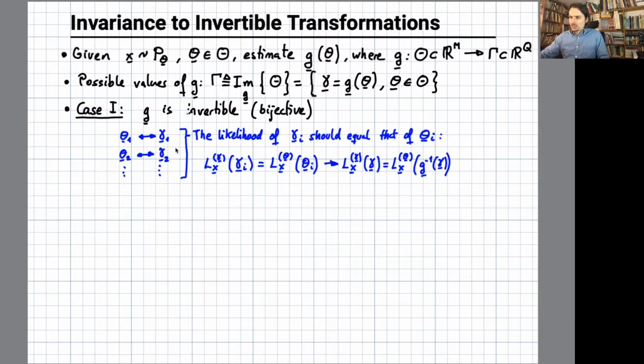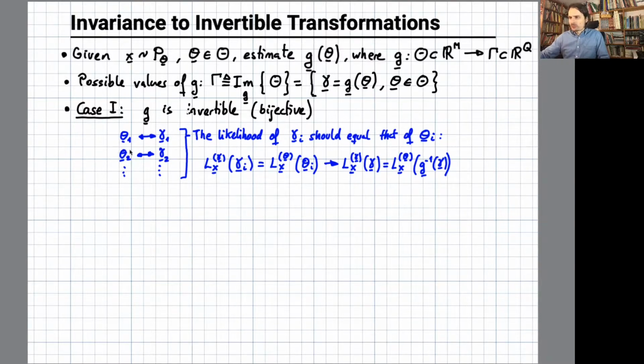So just by using our intuition, one can think that it wouldn't really make much sense that the likelihood of a certain value of gamma was different from the likelihood of the corresponding value of theta, right?